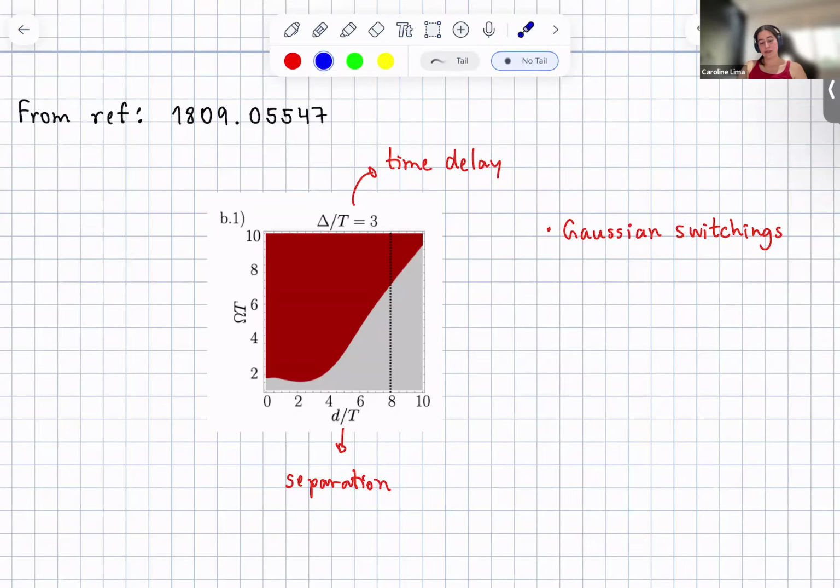They also consider cases with sudden switching, where you just turn on non-adiabatically, leave it on for a while, and then turn it off non-adiabatically as well. I think in that case they also take the limit of point-like detectors, but they don't start from point-like detectors. They take the limit afterwards so that things converge nicely.